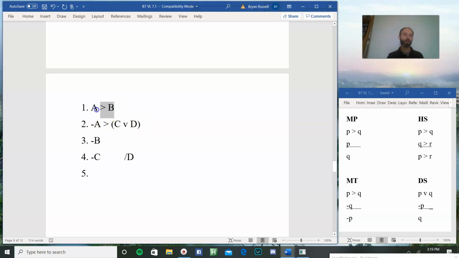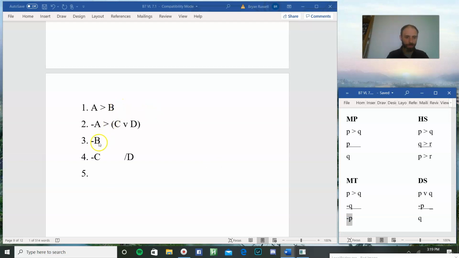So let's look at line 1 and 3. Can we use a rule on line 1 and 3 to derive some more information? Here we have a horseshoe as the main operator, and we have the negation of the consequent. Those will go together. Let's look down at MT. If we have a horseshoe as a main operator and the negation of the consequent, we can get the negation of the antecedent.